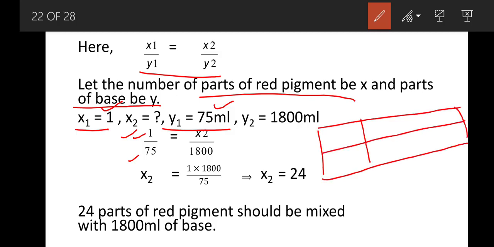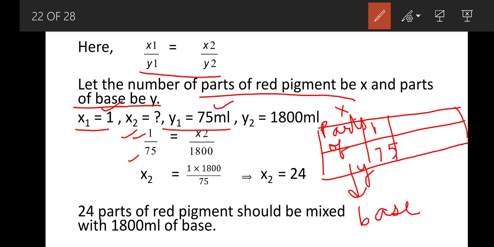Here you can take parts of red pigment, and here you can take parts of base or quantity of base required. This is your x and this is your y. So this is 1 and this is 75 given to you, and you need to find out how much red pigment, which is unknown to us, will be needed for 1800 ml of base.